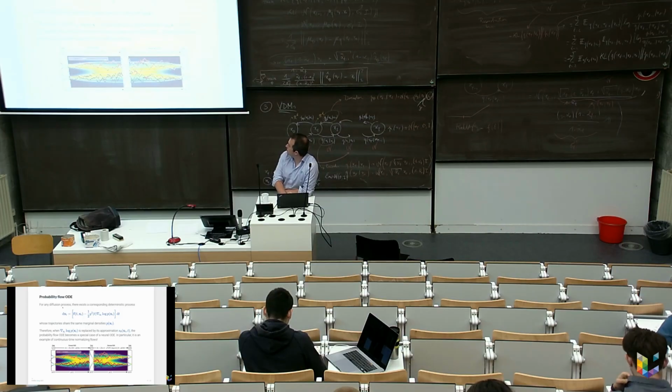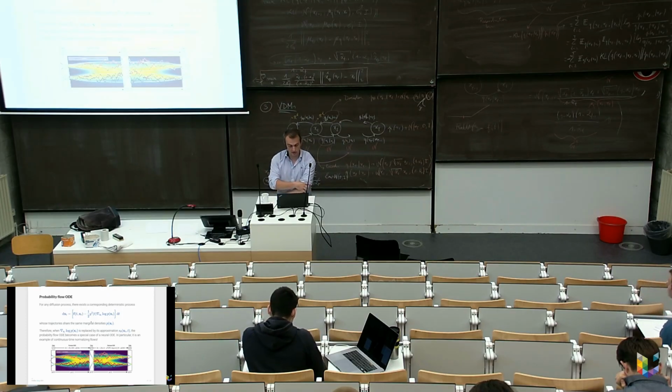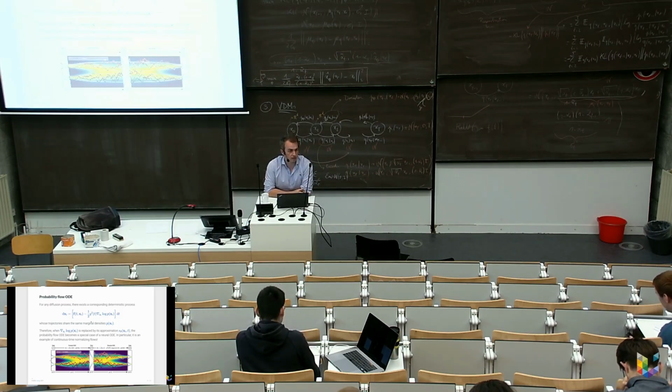So for any diffusion process, there exists a corresponding deterministic process, where everything is now non-random, given by this equation. And what is nice is that the marginals of this will be the same as the marginals that we would have obtained by following the reverse time SDE.